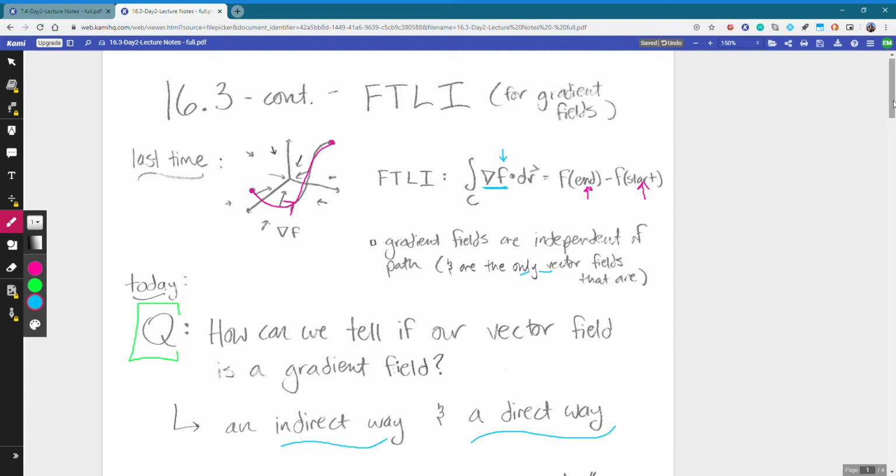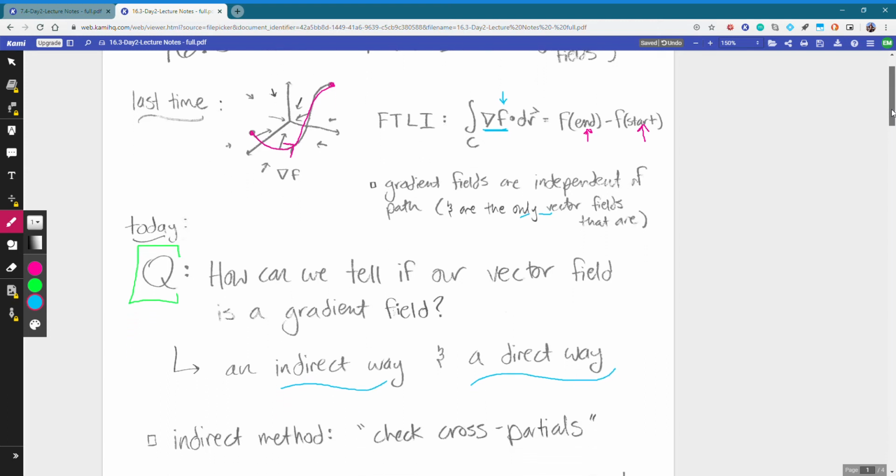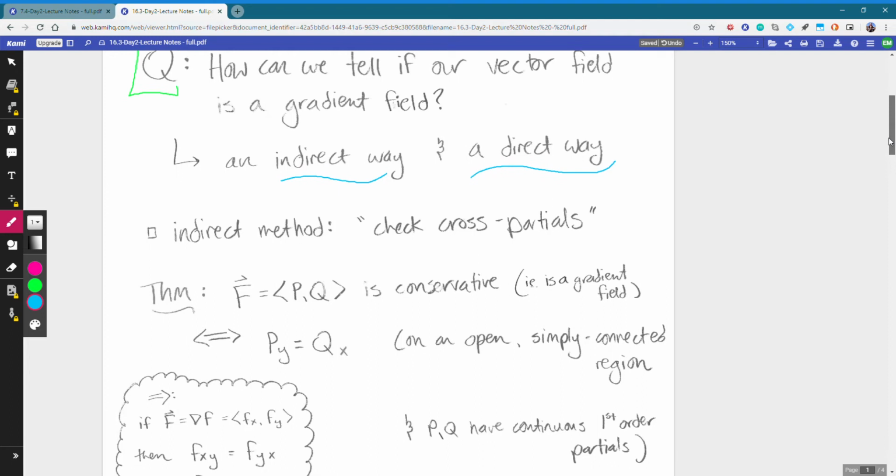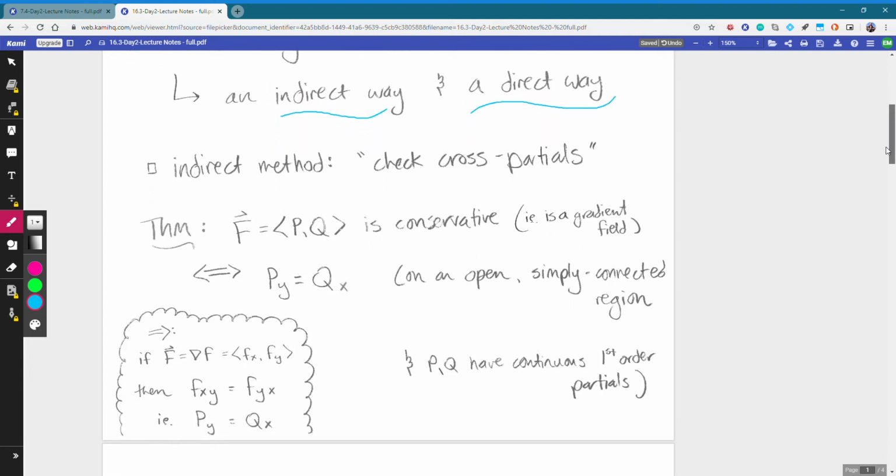All right, let's start talking about these, and we're going to focus first on the indirect method. And the result here below gives us our answer, and essentially the indirect method is to check the cross partials of our vector field.